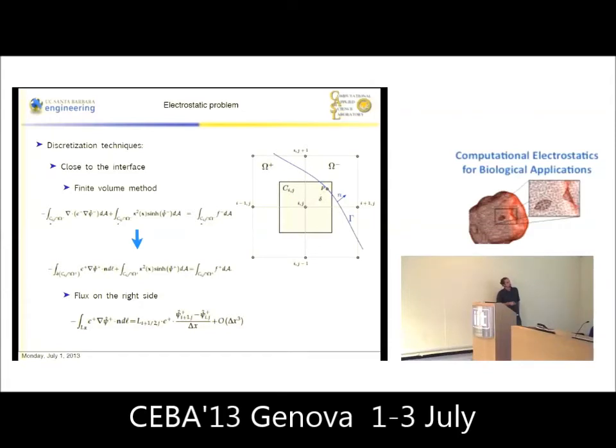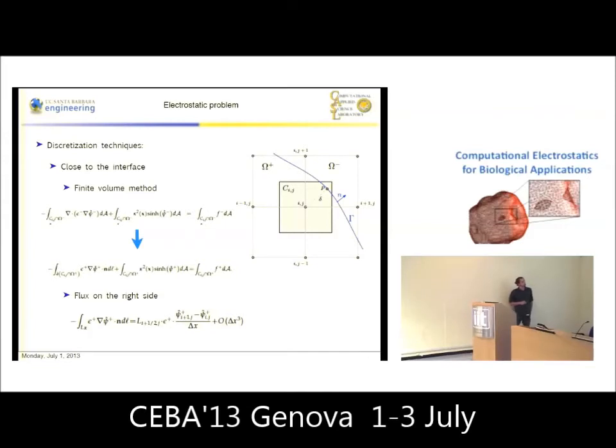One part of the cell is in one part of the domain, and this part of the cell is on the other side. Here we use a finite volume approach, so you have to think that this cell has in fact two values: one value for the solution in this part of the cell, and one for the solution in this part.